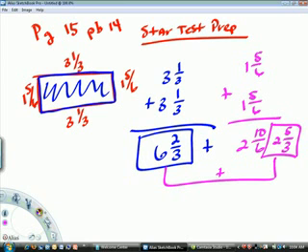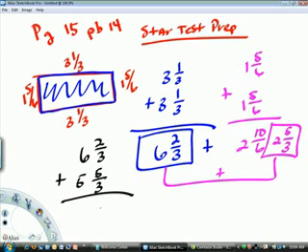So 6 and 2/3 plus 2 and 5/3 equals 11 and 7/3. Is that my final answer?